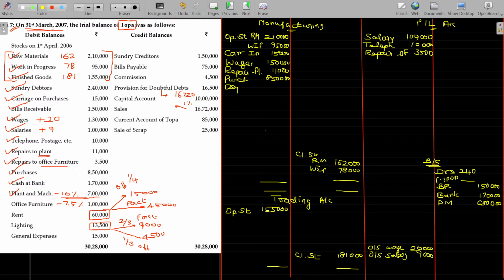And depreciation of plant and machinery is related to the manufacturing, right? So it will appear in the manufacturing account. Any assets related to the factory and any expenses related to that factory items will be debited only in the manufacturing account. Either repair or rent or lighting, electricity, then depreciation, everything will appear only in the manufacturing account. The value being 70,000.